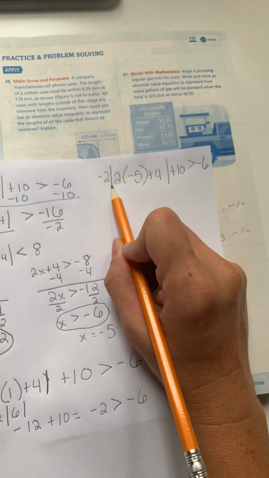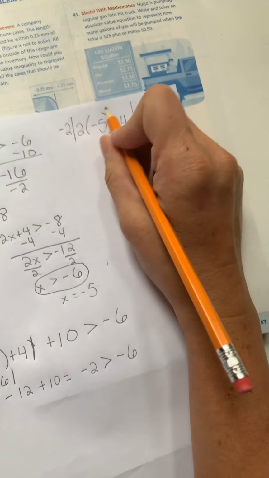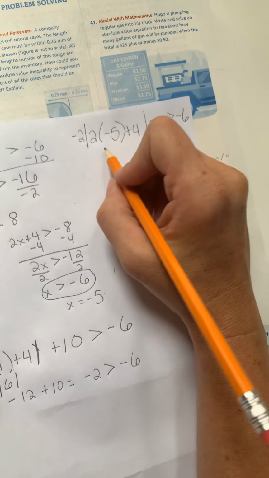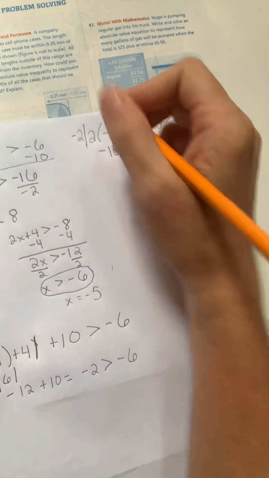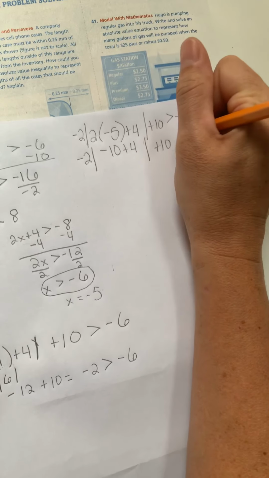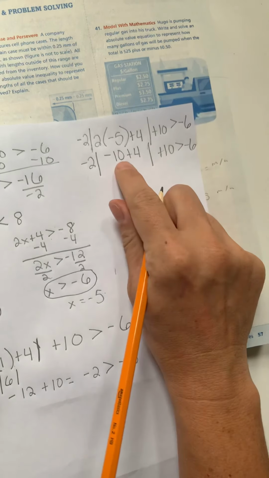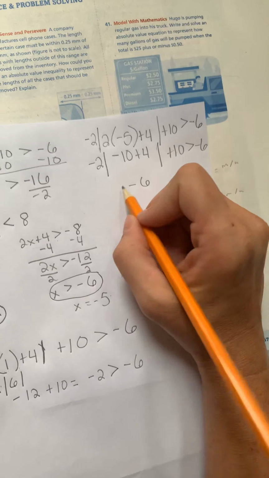So -2, 2 times -5 plus 4. So I'm going to work my way out from here. Because now I'm solving equations, and when you solve equations, you work through the steps for PEMDAS. So -10 plus 4 is -6.